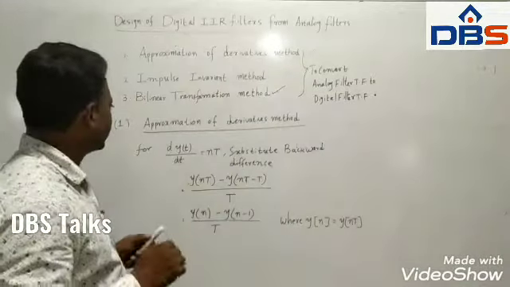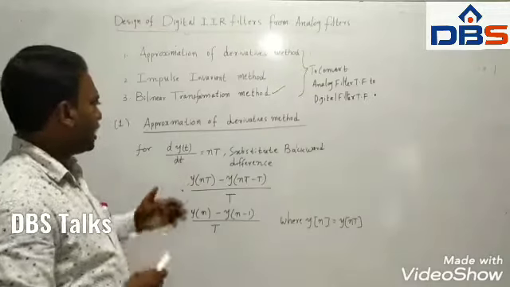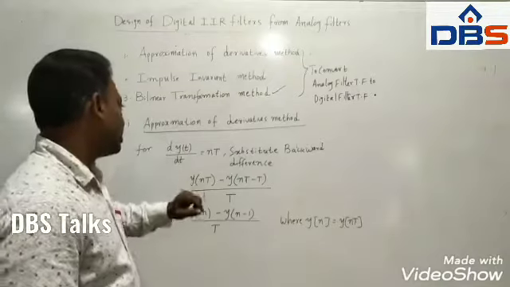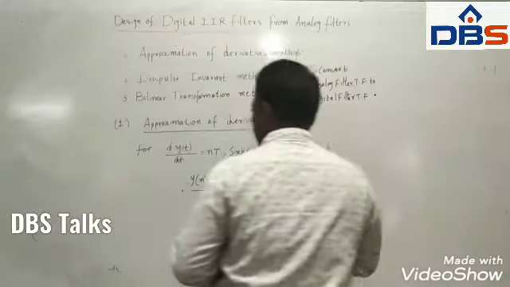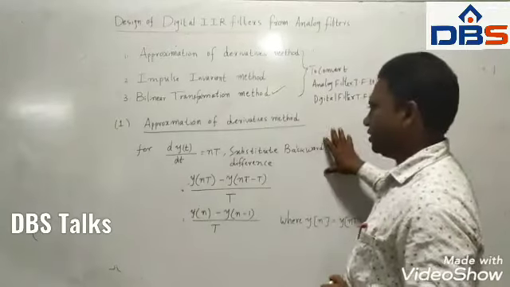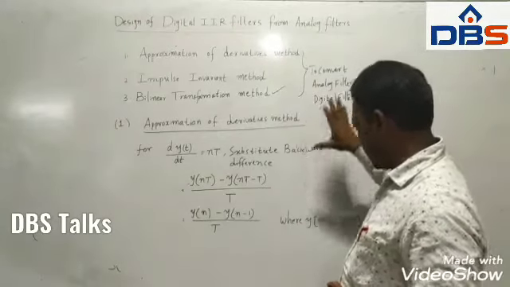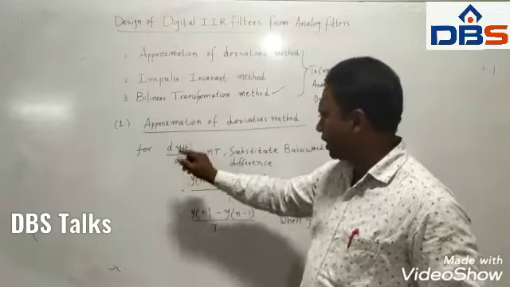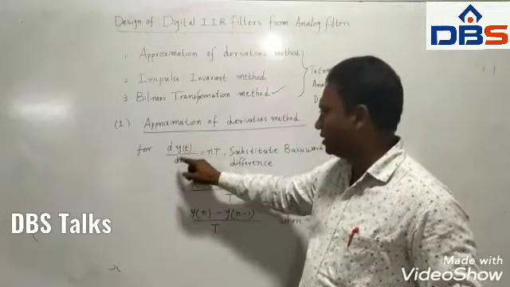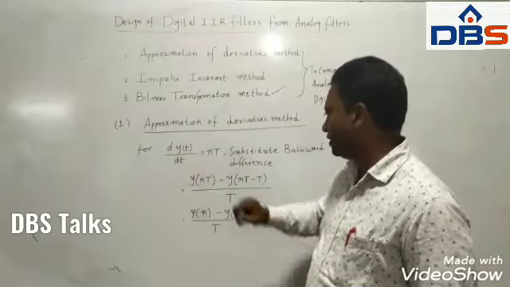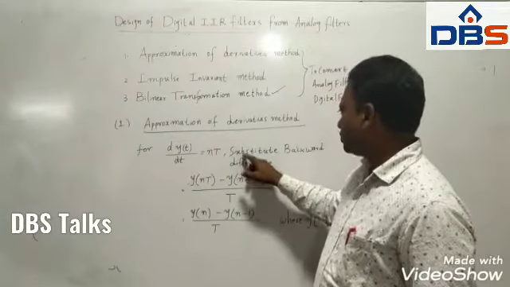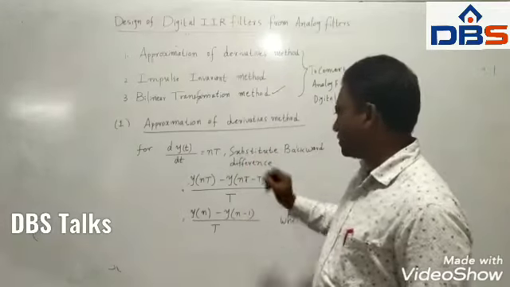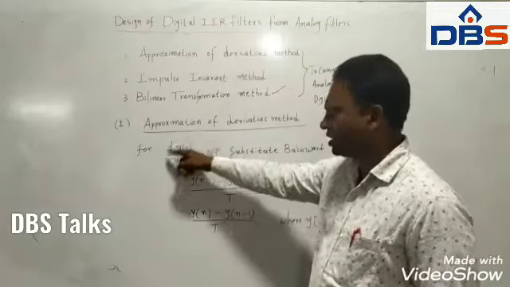Now we will start with the first method of converting an analog filter to a digital filter, that is the approximation of derivatives method. To explain this, we take the derivative of an analog signal, dy(t)/dt at t equal to nT.